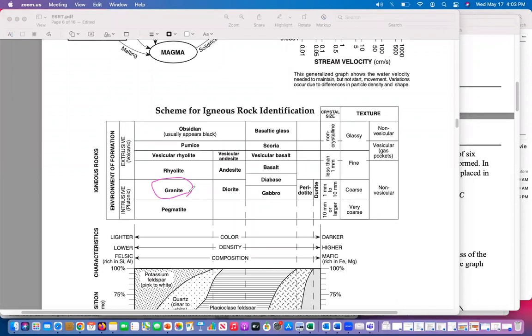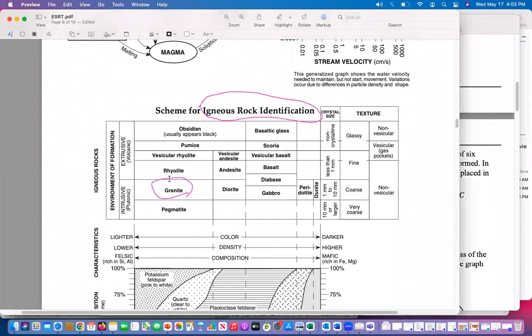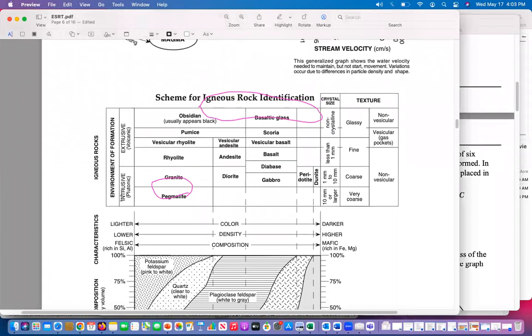And what do I know about granite? So granite is an igneous rock. I know that it's an igneous rock. So that's one clue for it. Then they're telling me that it will consist of the minerals what, right? If I need to know what minerals it consists of, well, I'm going to scroll down.